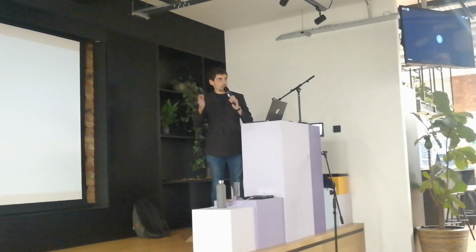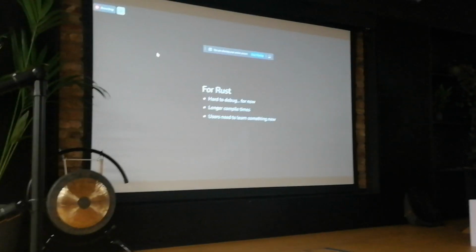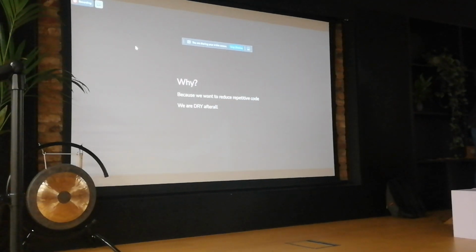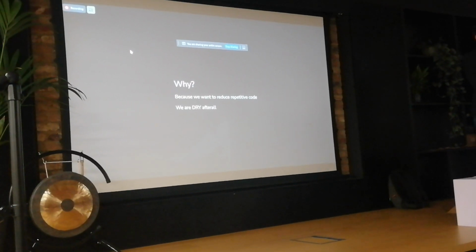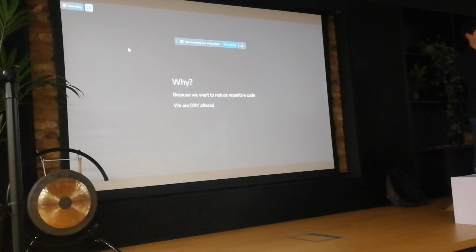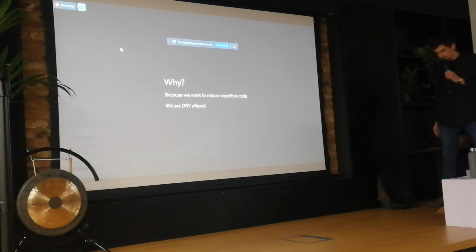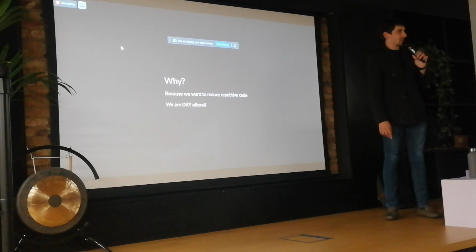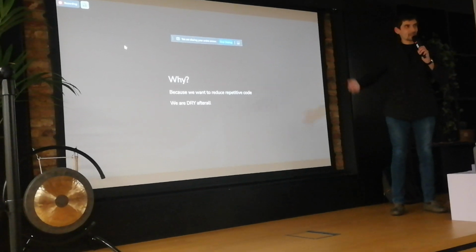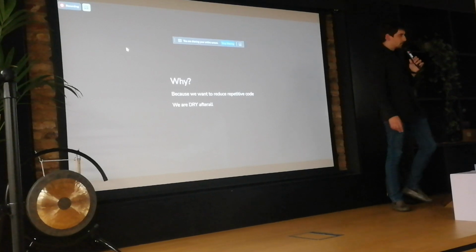You'll see this mostly with Tokio and Serde and all of the other crates. So why do we spend time making metaprograms or proc macros if we have all these downsides? Well, for the same reason we refactor our code so that we don't have to repeatedly write the same things over and over. We want to be DRY.